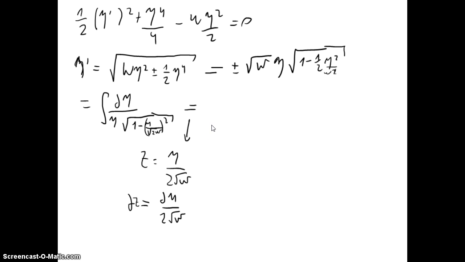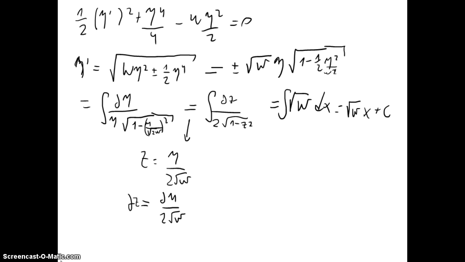After making that change of variable, we obtain the integral of dz over z√(1 − z²), which will be equal to the square root of ω x plus c.